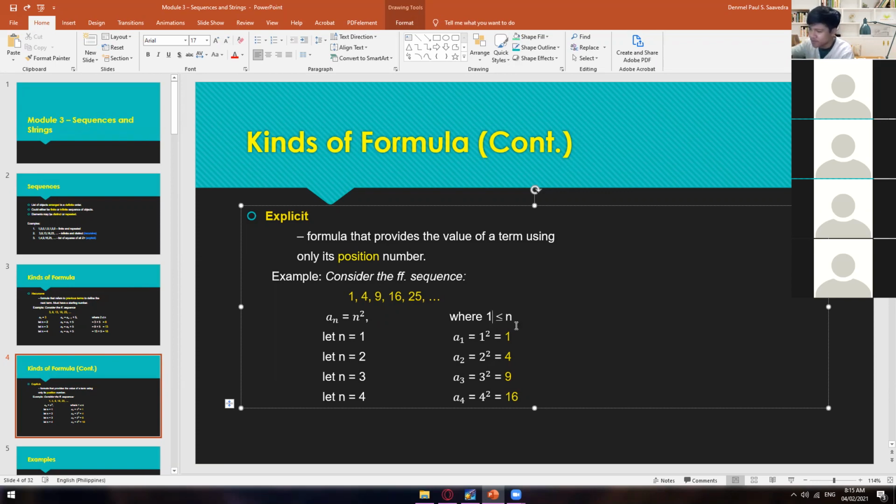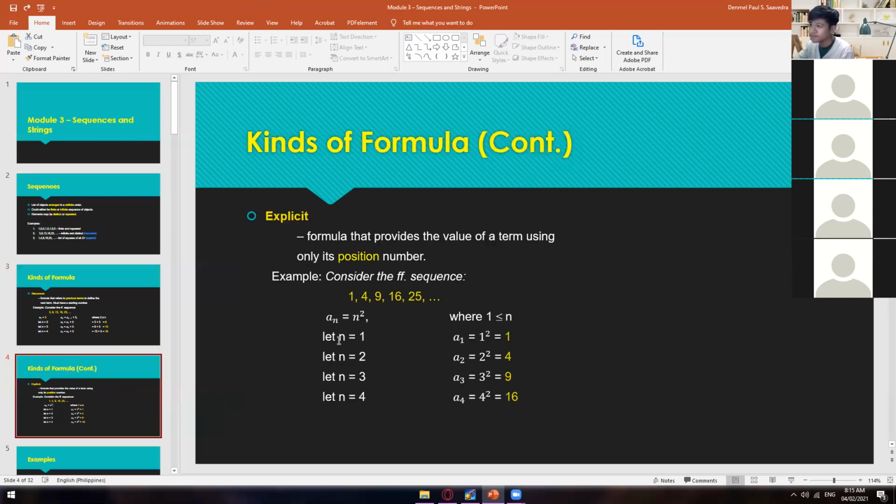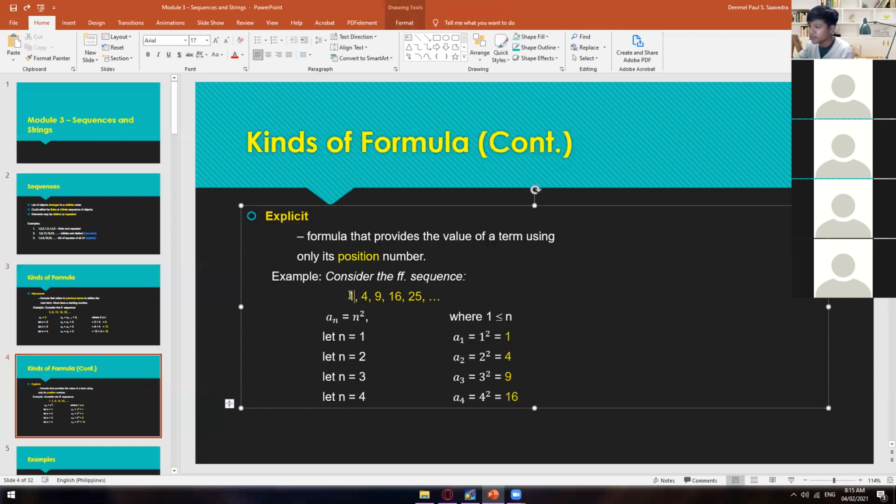So maybe it would be better if it should be something like that, and then 1. Anyway, n is greater than or equal to 1. All right. So from here, as you can see, this one has a pattern, the same with recursive. But in here, you don't need to know the first term, second term, third term, fourth term.